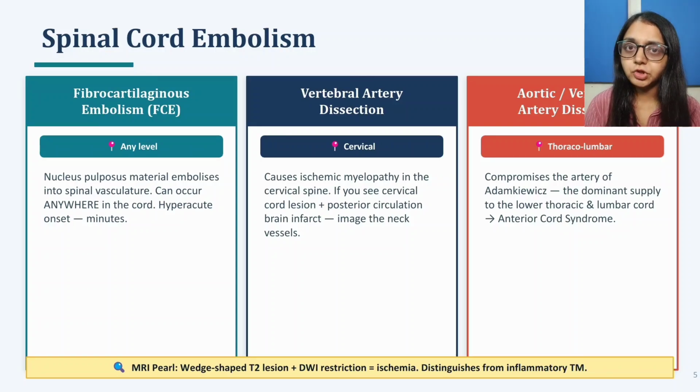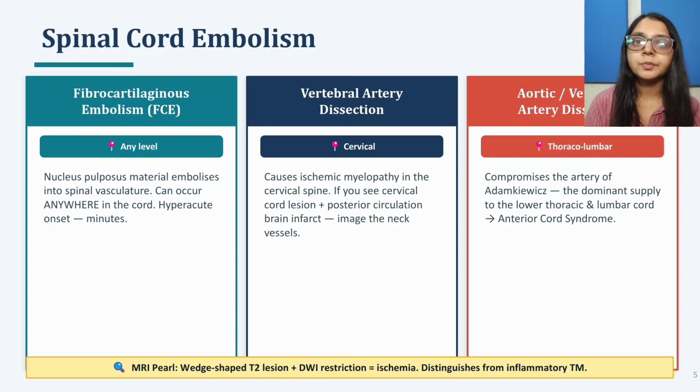Vertebral artery dissection causes ischemic myelopathy in the cervical spine specifically. When you see a cervical cord lesion plus posterior circulation brain ischemia on imaging, think vertebral artery dissection. Always image the head and neck vessels.